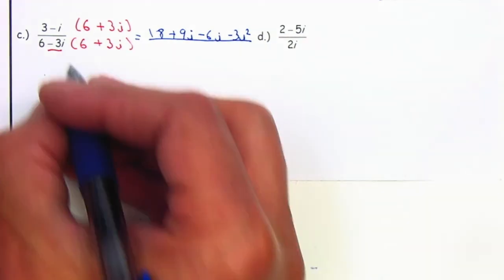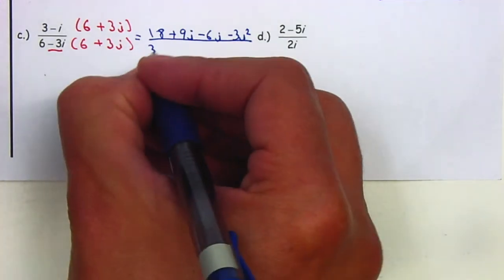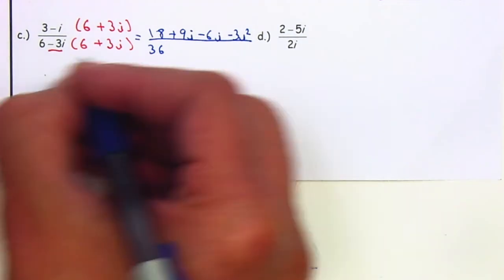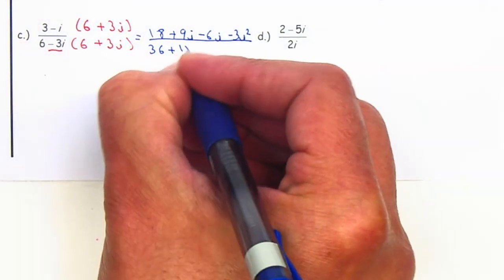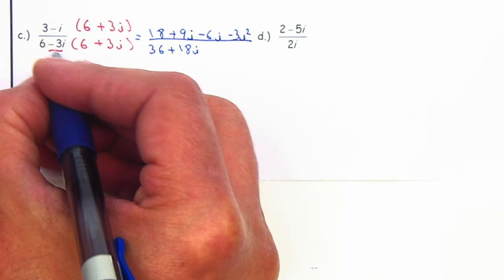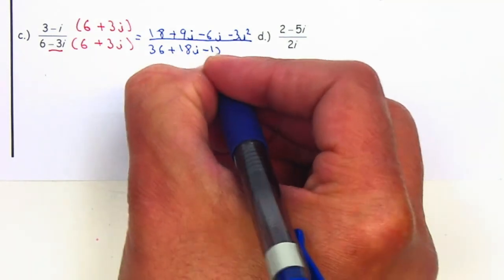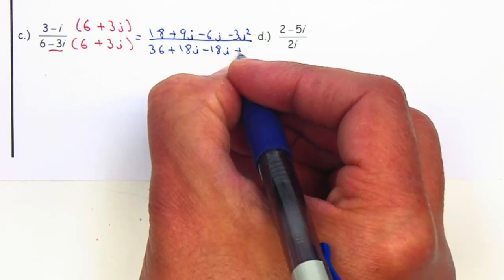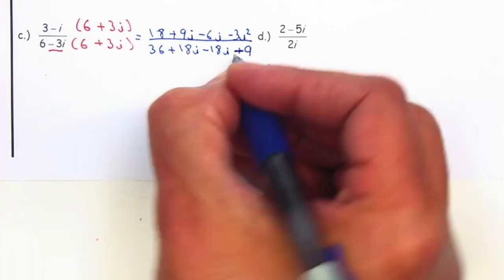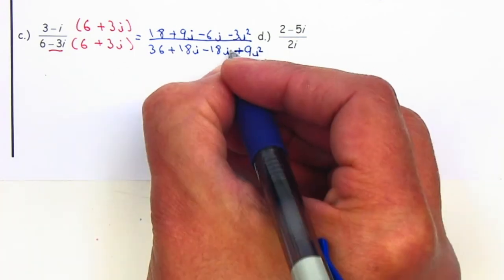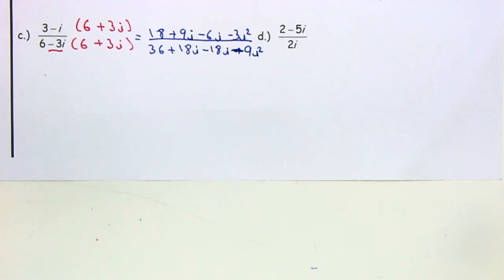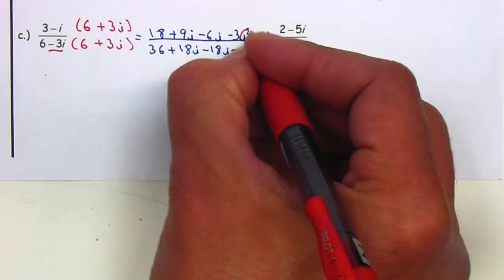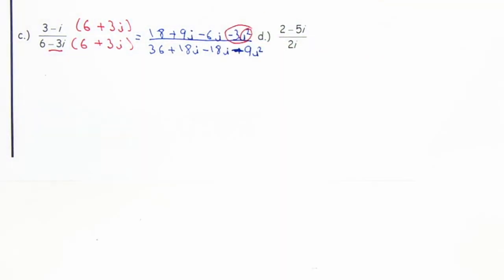The denominator, same thing, 6 times 6 will be 36. 6 times 3i will give me positive 18i. Negative 3i times 6 will give us negative 18i. And negative 3i times positive 3i is negative 9, and then i squared. This is a negative. Now, I'm going to simplify first the top. I know that i squared is negative 1 times negative 3. That'll be positive 3.